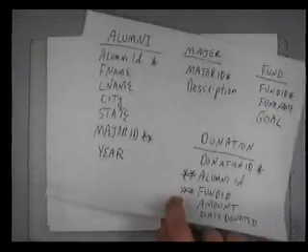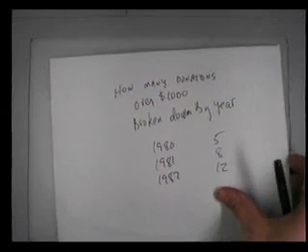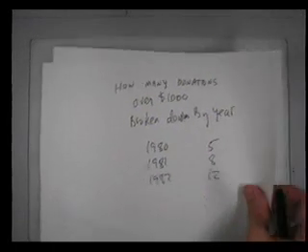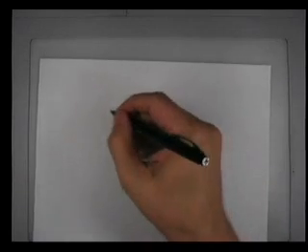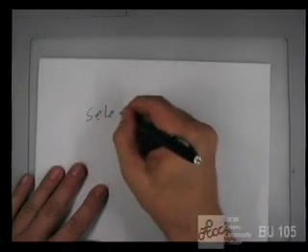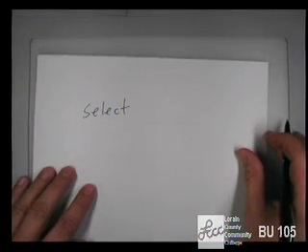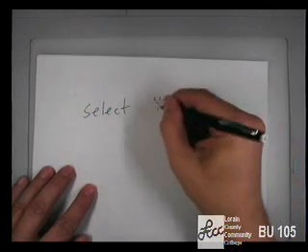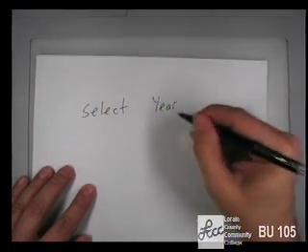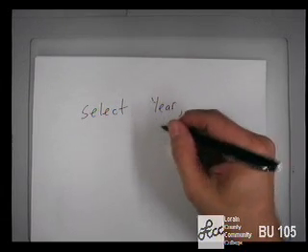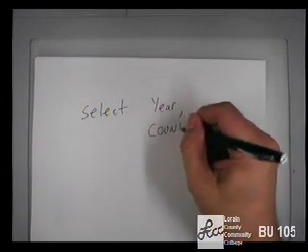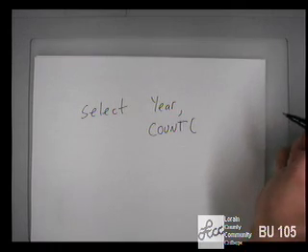Okay, let's take a shot at this. How many donations are over $1,000 broken down by the year of the donor? All right. Select year, count, count star.